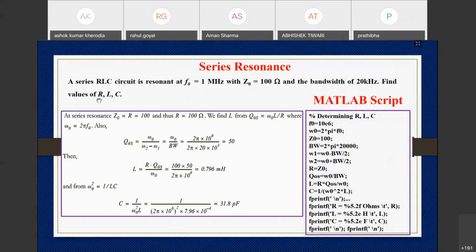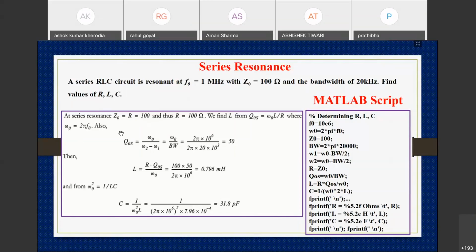So at series resonance, how can we do that? At series resonance, the characteristic impedance Z0 is equal to R. So Z0 equal to R is equal to 100, and thus R equals 100 ohm. Now we can find L from the formula for quality factor, that is omega 0 L by R, where omega naught is 2 pi f.